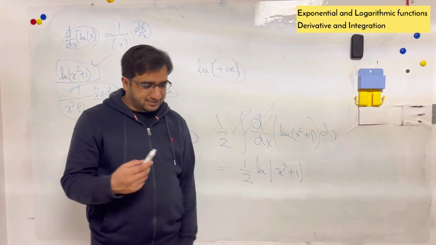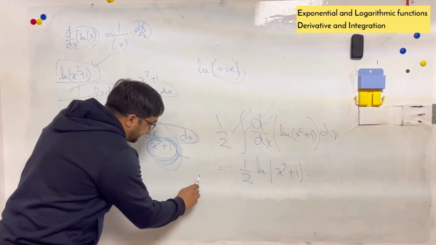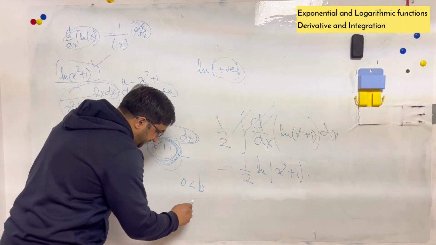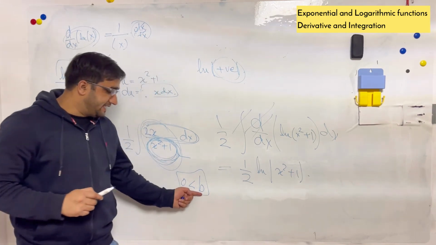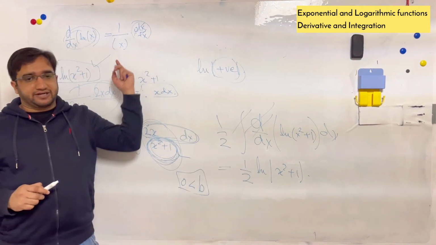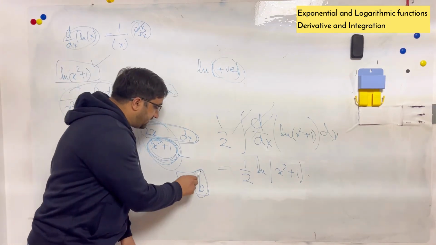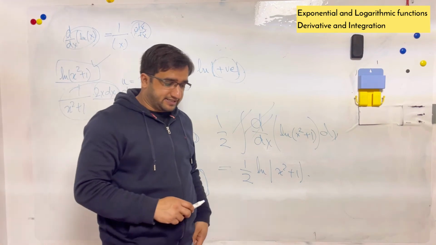The natural log doesn't work on a negative number. That's why I told you the base b is always greater than 0 and never less than 0. So this is the basic of all the logarithmic, natural log, exponential functions. This b is never negative, therefore the natural log will also not accept any negative.